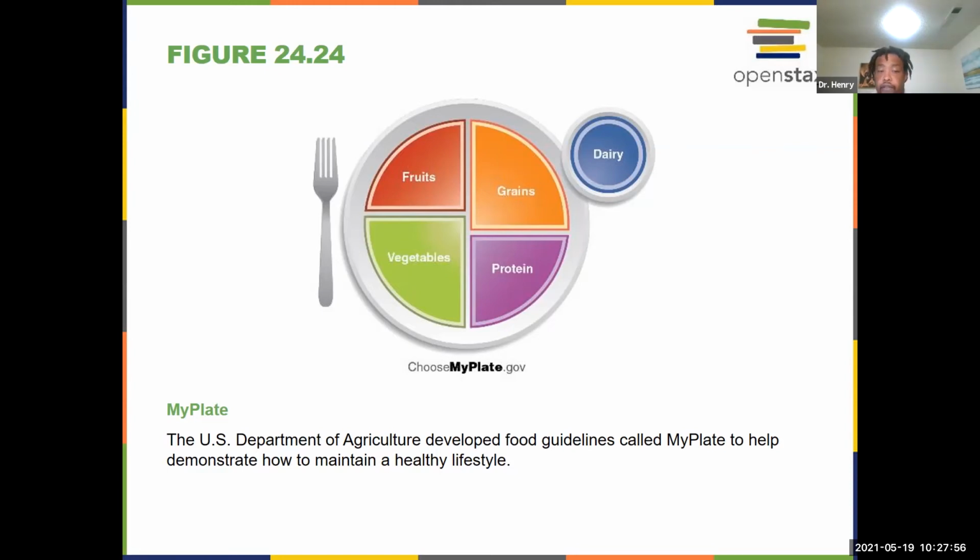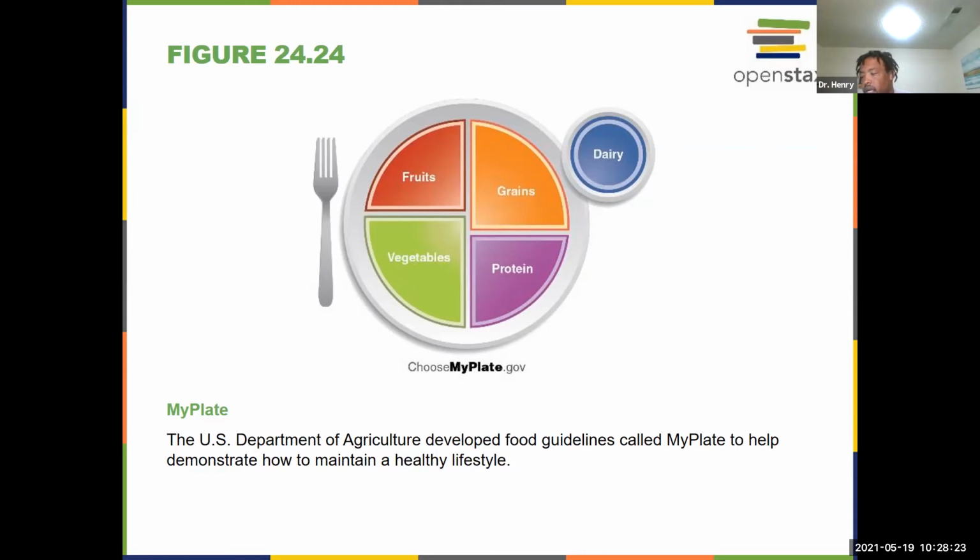I have a deficiency in vitamin K, or in one of the factors that are responsible for vitamin K, so I have to take a vitamin K supplement. Otherwise I don't clot right in most cases. So a lot of times we're going to need to supplement ourselves with those different vitamins.